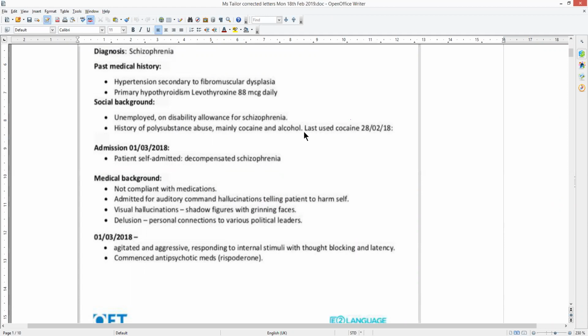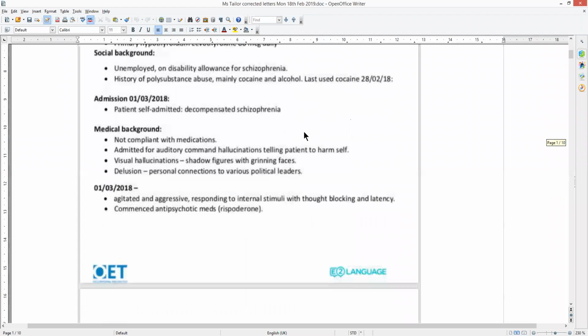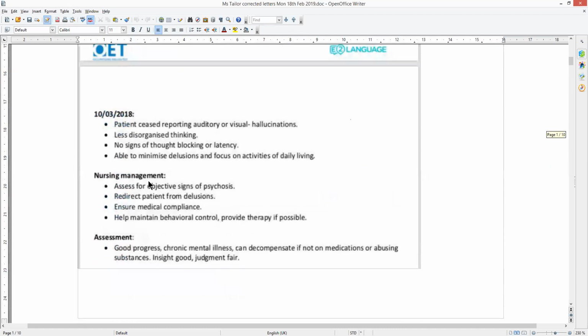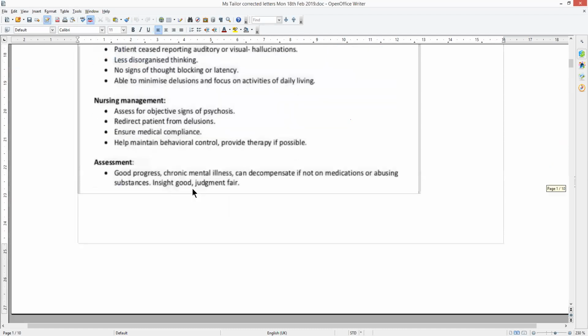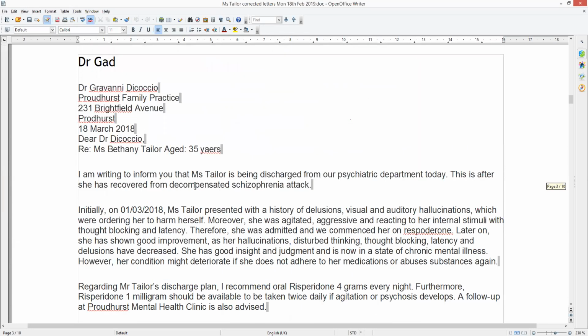So, okay, that's possibly pertinent. Admission, self-admitted, not compliant. Okay. So all this stuff we need to include. Agitated, patient ceased reporting, management, good progress. Okay, pretty straightforward so far.